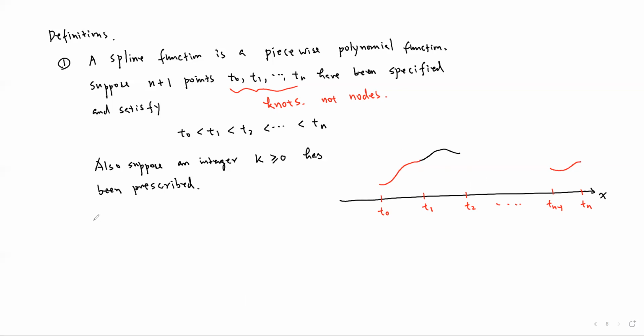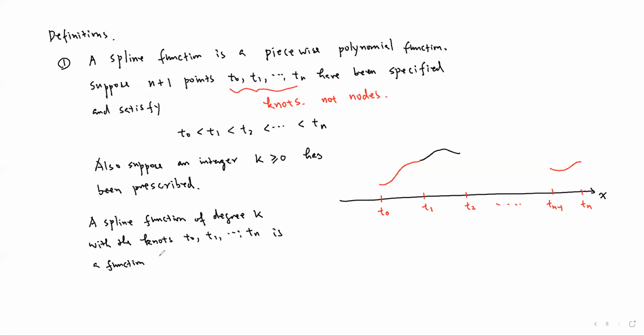Now, a spline function of degree k with the knots t0, t1, ..., tn is a function. Let me give a name to this function.